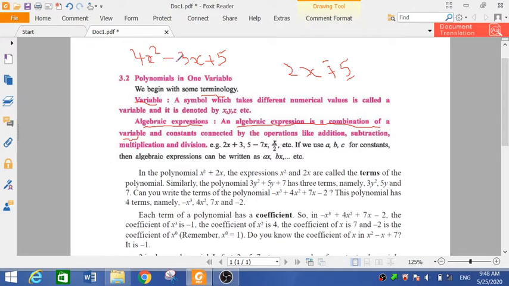Here the minus sign is there, the addition sign is also there. Examples are 2x plus 3, and x by 2, which is also an algebraic expression.